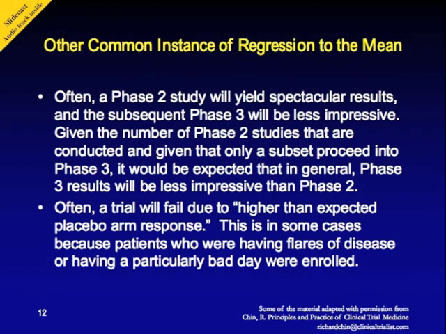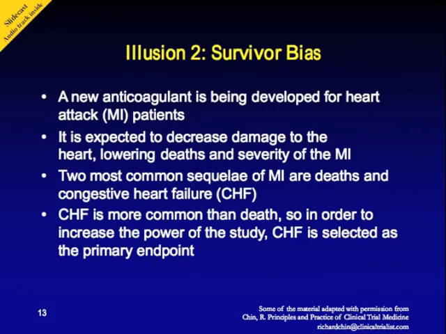Now, the second illusion is survivor bias. So let's say that there's a new anticoagulant being developed for myocardial infarctions, or MIs, and you anticipate that it's going to reduce the damage to the heart after MIs, and that will, of course, mean there will be fewer deaths.